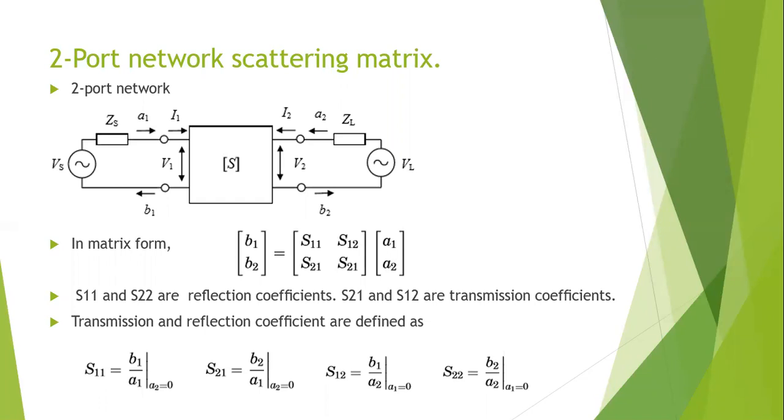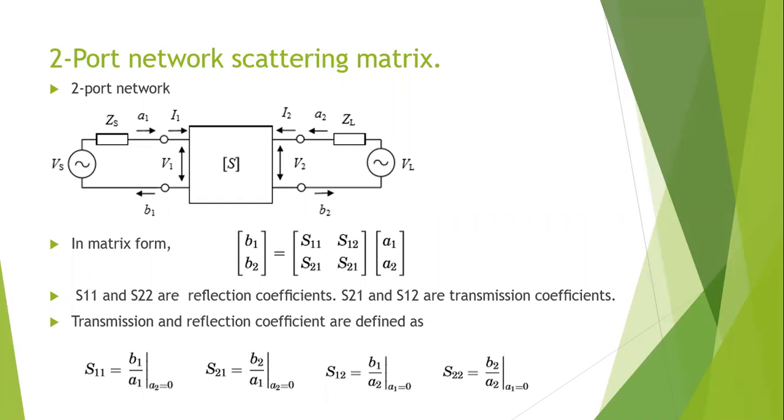So if we see here, S11 and S22 are the reflection coefficients, S21 and S12 are the transmission coefficients. What is the difference between reflection coefficient and transmission coefficient? Reflection coefficients are the values of the voltage waves that have been reflected back in the same port. For example, in the notation S11, both the ones represent the same port 1.